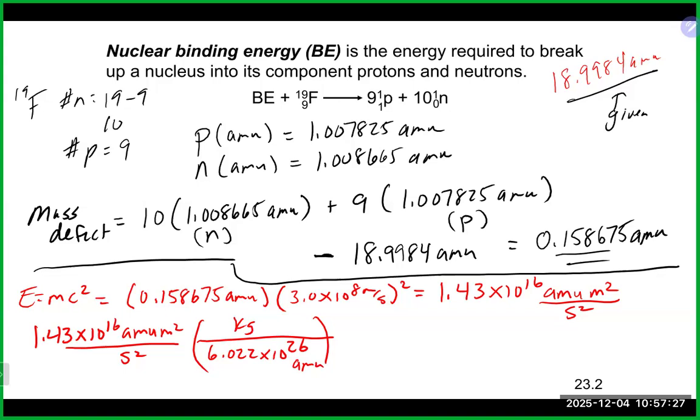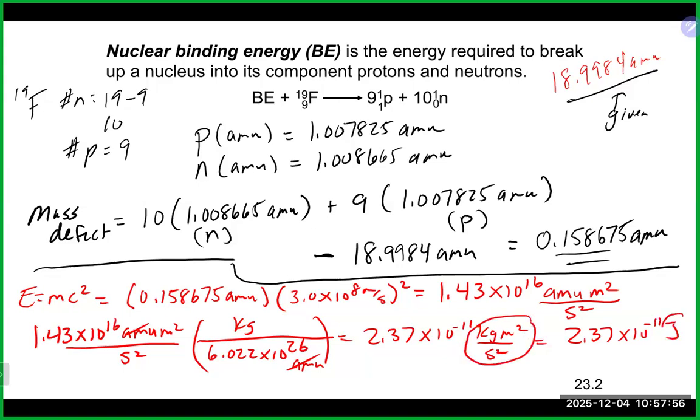So Avogadro's number to the 26 will get me to kilograms, and that will give me 2.37 times 10 to the minus 11. My units are now going to be kilograms, meters squared per second squared, which you hopefully will recognize as a joule. So all that is equal to a joule.